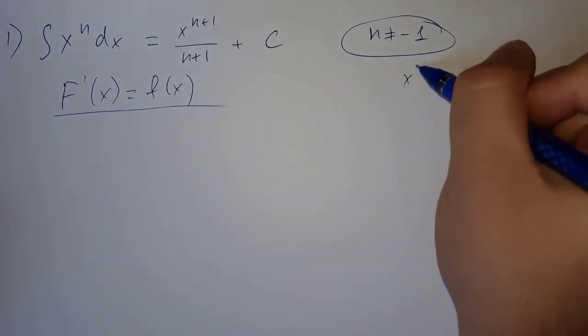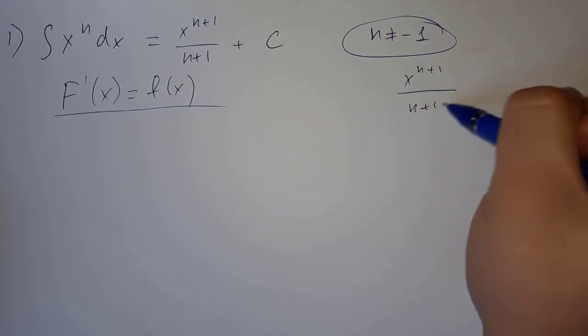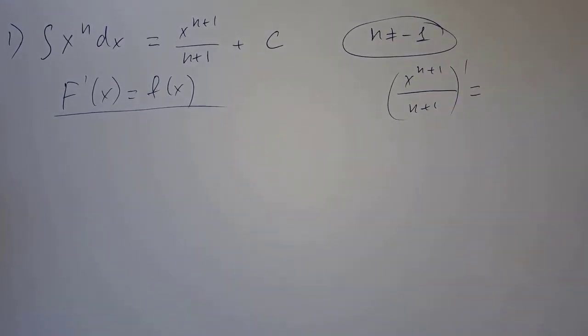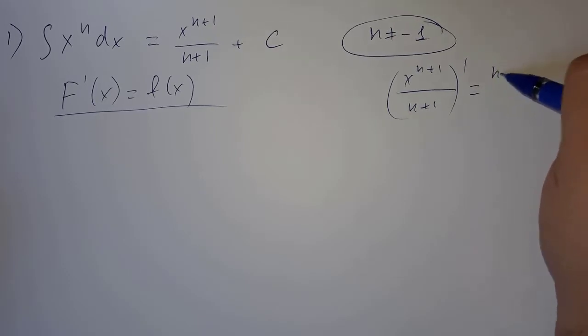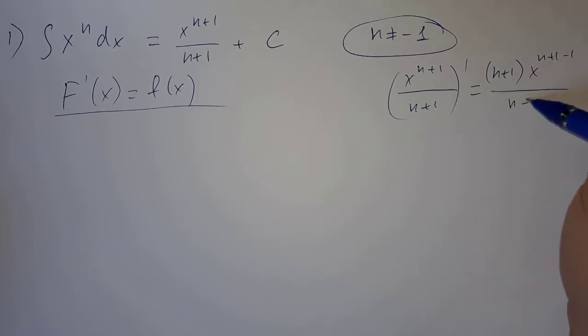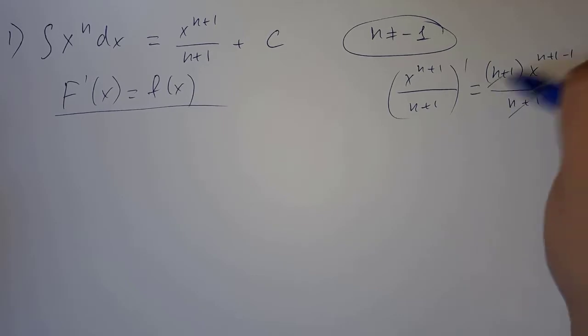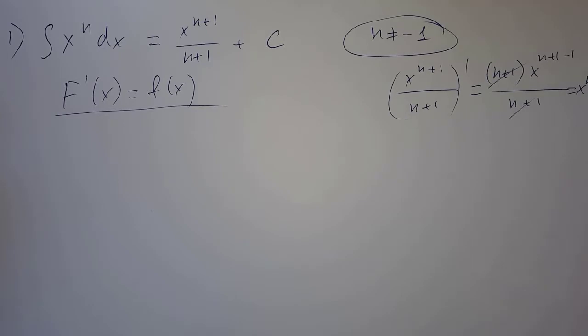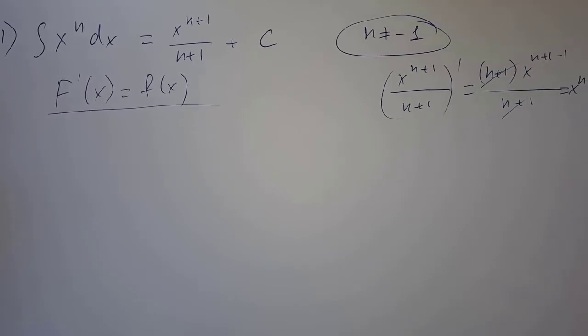If we take the derivative here, we get n plus 1 times x to the power n plus 1 minus 1, over n plus 1, the constant, yes, and they cancel and we get just x to the power of n. So we showed that the derivative of the primitive is equal to our function x to the power of n.